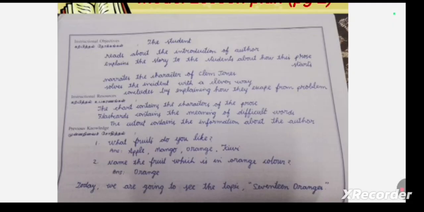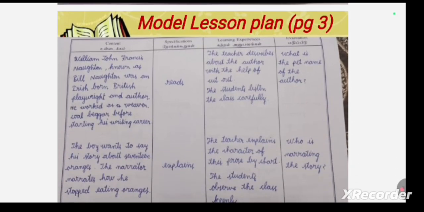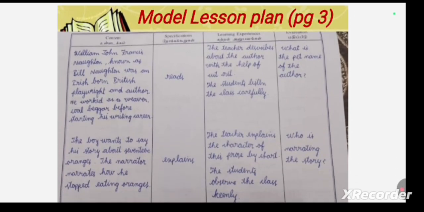After teaching, how the students will be able to summarize or recall or describe all those things will be given as objectives. And then resources, what are the materials we are going to use, that is resources. And previous knowledge, before we start the lesson, we have to check their previous knowledge, and then only we have to start the lesson.